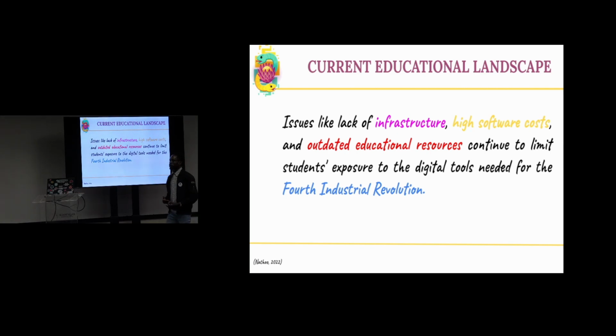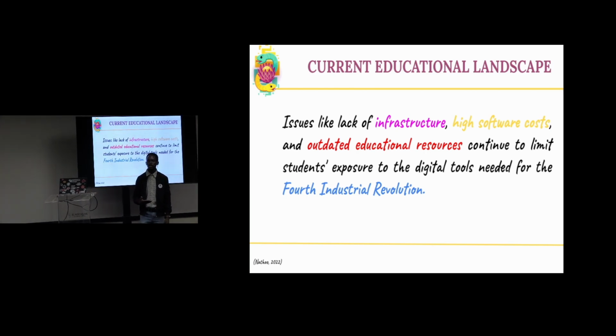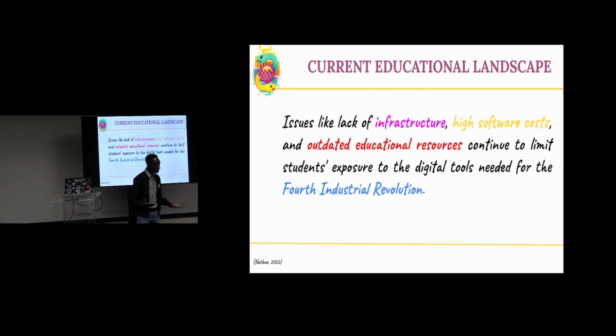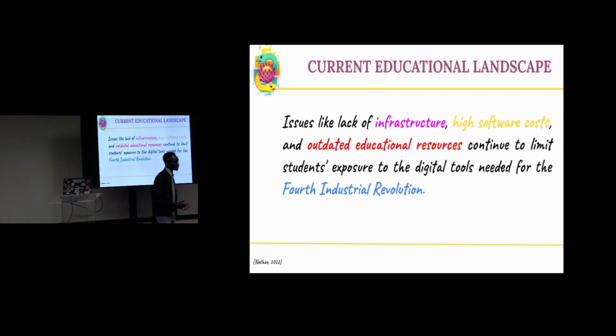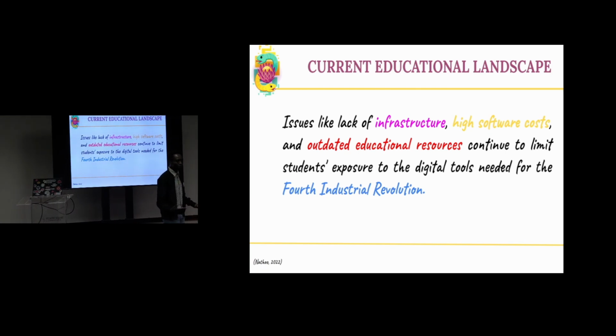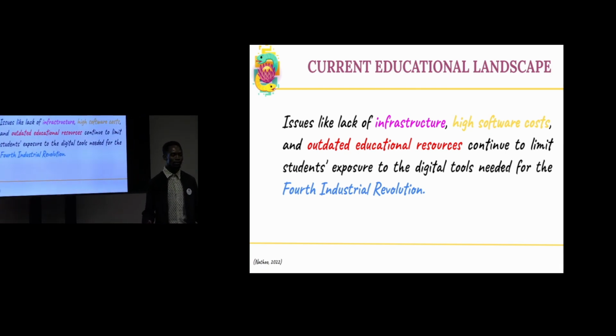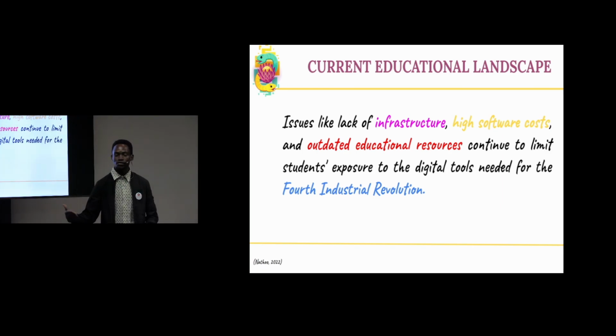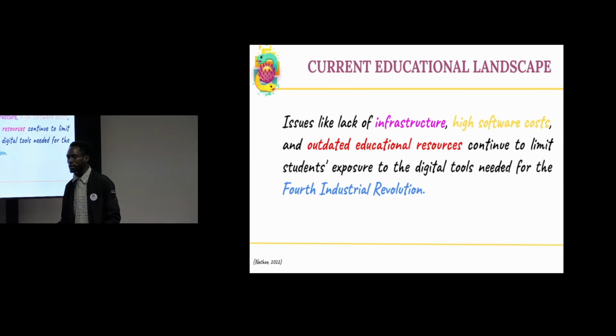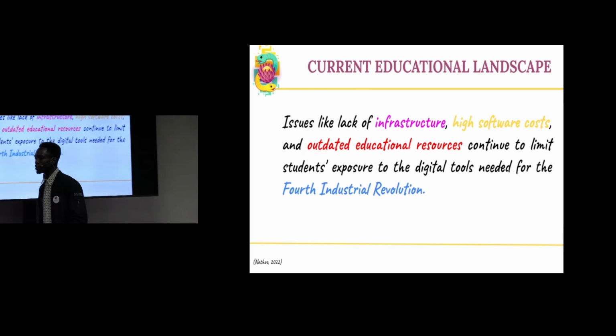We have to think about challenges like infrastructure issues and software cost issues, and then how do we actually solve these challenges to build schools that are inclusive, that are providing quality education, not only in Namibia, but in South Africa, in Tanzania, anywhere actually where we have initiatives that are providing a platform for learners to also showcase their skills and uplift communities.